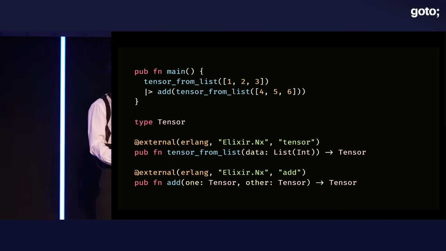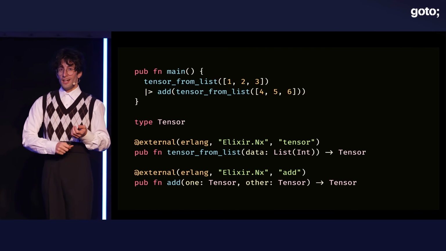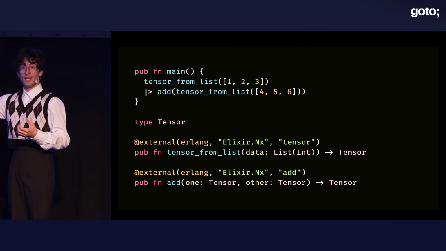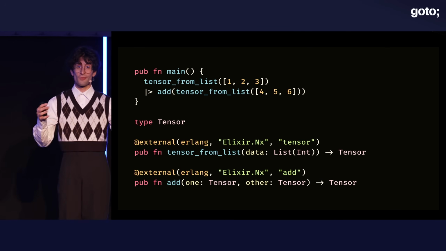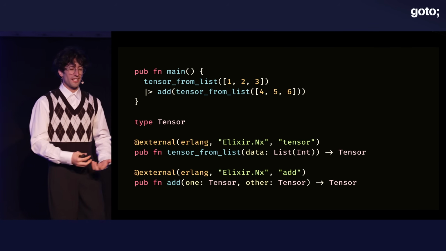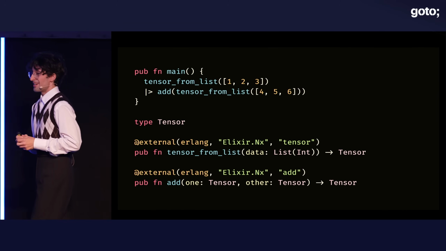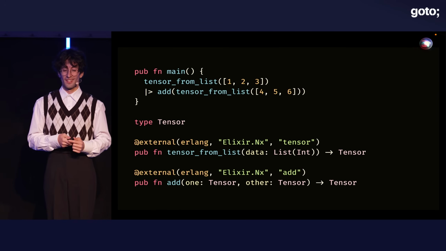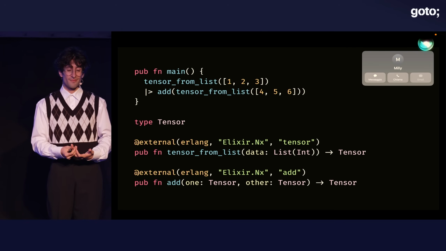And using those, it's as simple as saying, well, I have my Elixir dependency, and I can use it by saying it's an external function. It's coming from some Elixir written code, and now I can just do tensor math in Gleam without having to go through the undertaking of having to write and implement a super fast, optimized, and amazing tensor math library. That would be a huge undertaking. And so Gleam can take advantage of those amazing libraries.